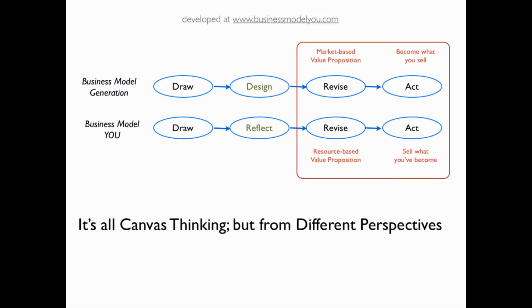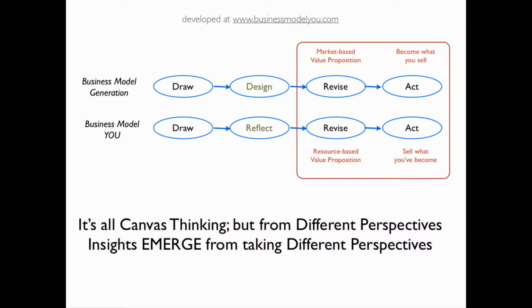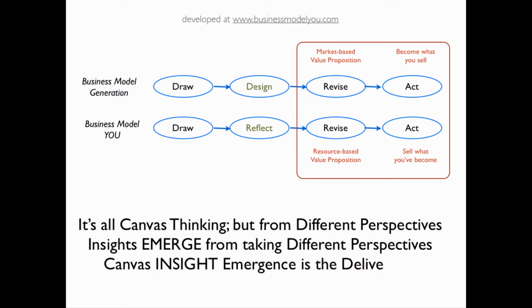It's all canvas thinking, but coming from either a right-hand side perspective or a left-hand side perspective. In either case, insights emerge, and they're different insights. Those canvas insights are the deliverable. That's what it is that we want to get.